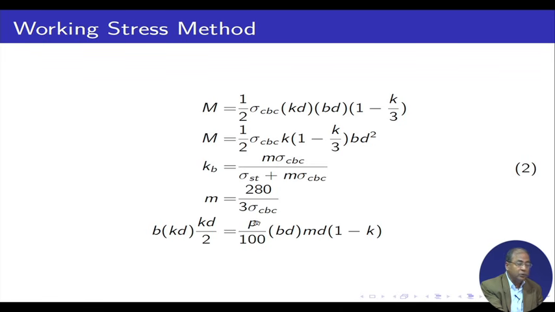That means, if we know the percentage of steel, then from there we can find out the value of k, or if we know the k, then the corresponding value of p, that we can also find out. That is why this equation is equally important.